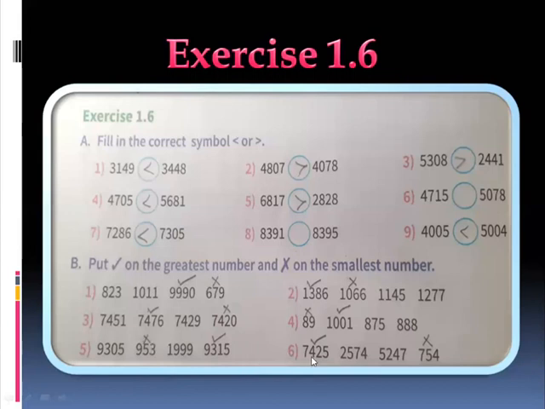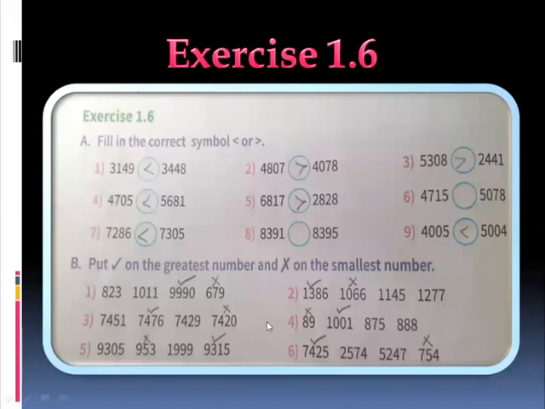Next sixth one, 7,425, 2,574, 5,247, 7,754. Here 7,754 is the greatest number and then 2,574 is the smallest number, right? This is exercise 1.6 A and B main. You have to do these problems in classwork or textbook.